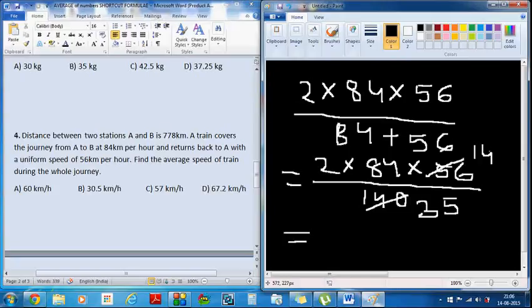Then 2 into 14, 28. 28 into 84 will be 2352, by 35. After calculation, 2352 by 35 is 67.2 kilometer per hour. So 67.2, answer D is correct.